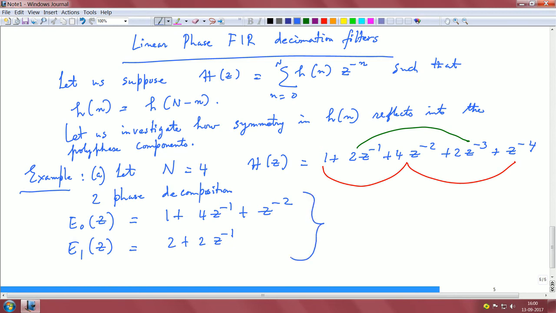And if you observe this carefully, right, basically these filters are symmetric, right. So each of the polyphase component filters are symmetric.